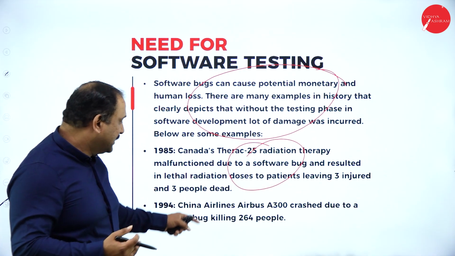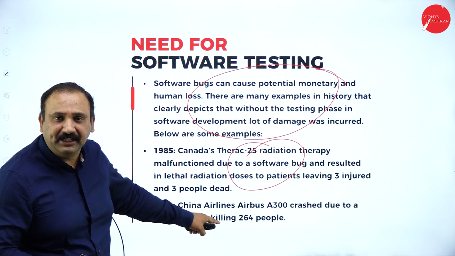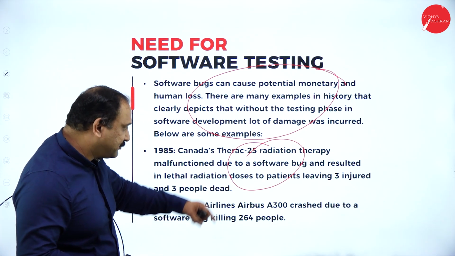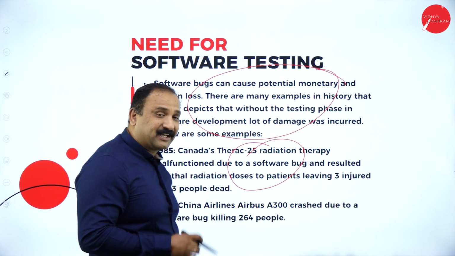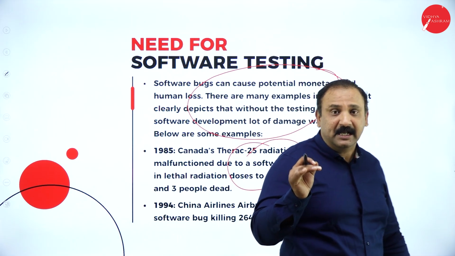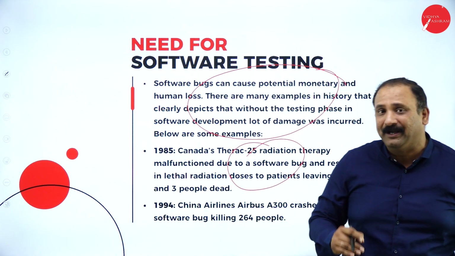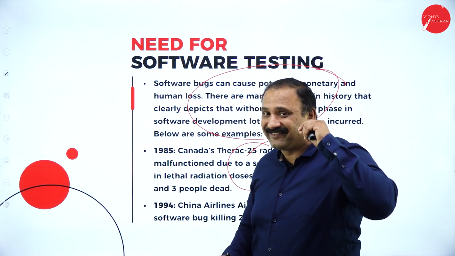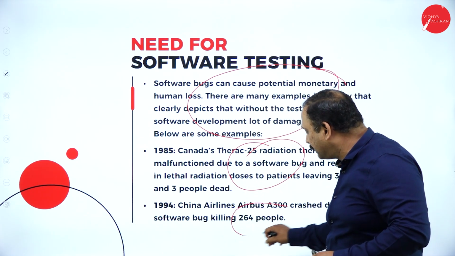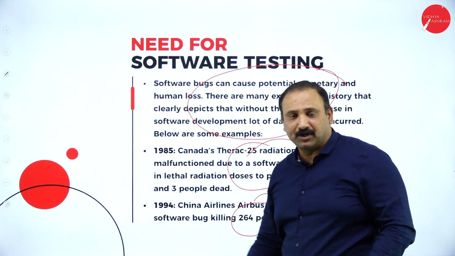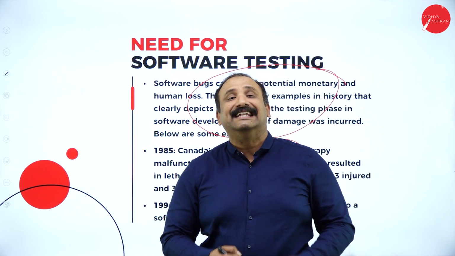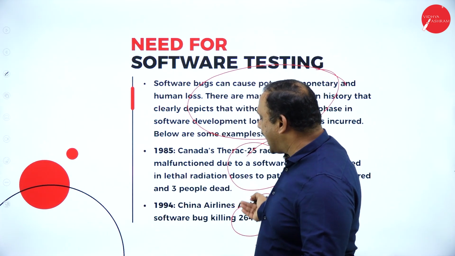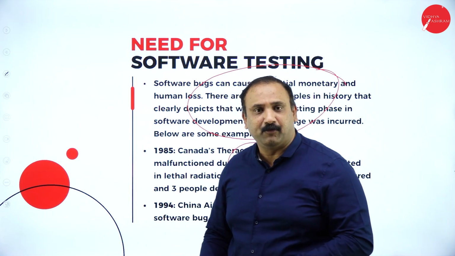In the year 1994, a China Airlines Airbus A300 crashed due to a software bug, killing 264 people. If they would have taken that moment to check whether that avionics software is working correctly or not, they could have saved the lives of 264 people. But unfortunately, because of negligence, I would say, we had to lose the lives of 264 people.